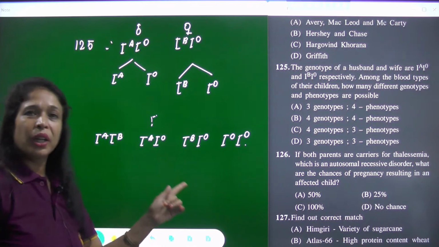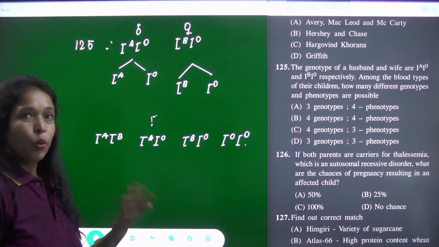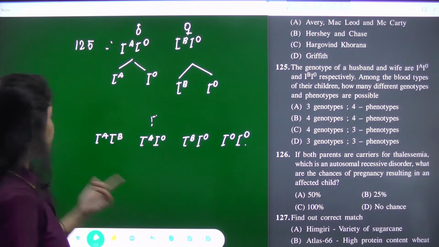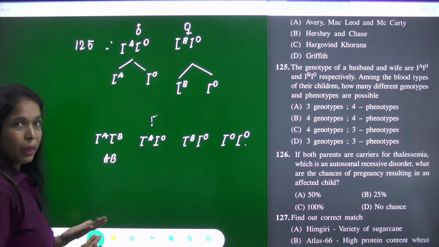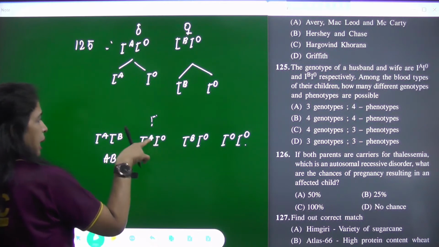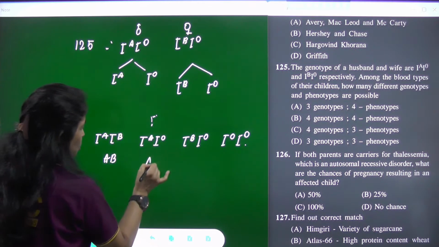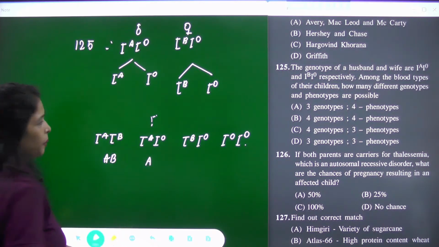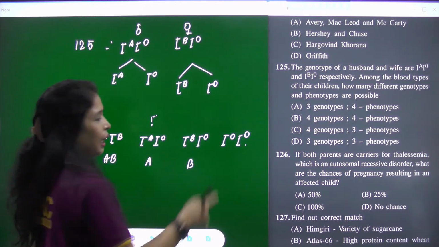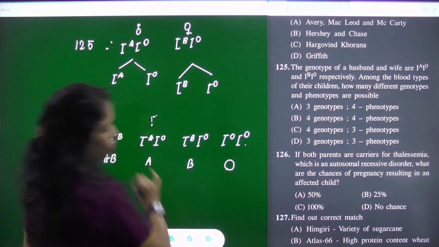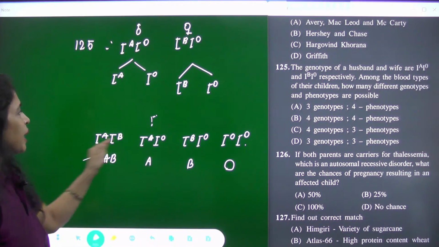So these are the 4 different type of genotype. What are the phenotype? What are the blood group? This is AB, both are co-dominant. A is dominant over O, so phenotype will be A. B is dominant over O, B blood group, and this is what? O blood group.